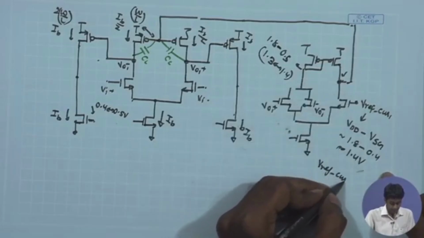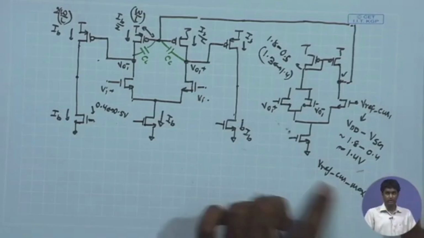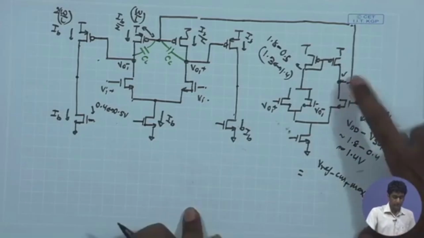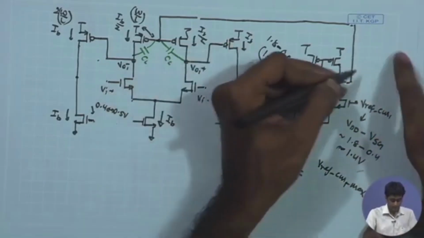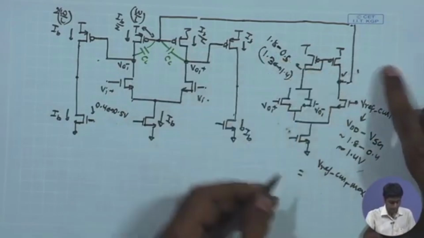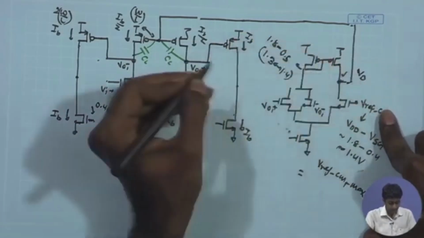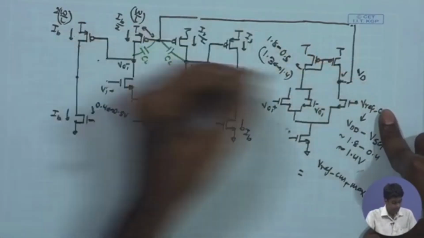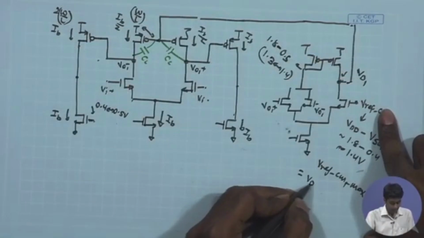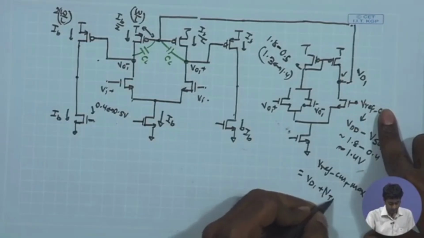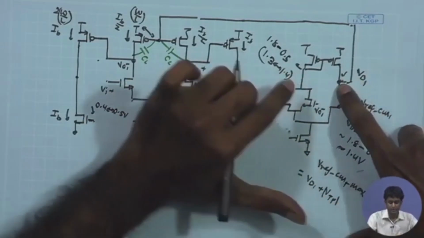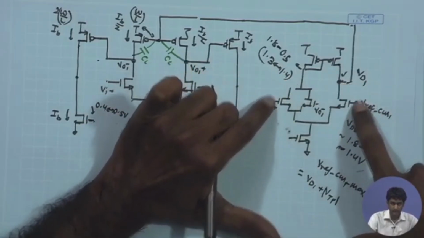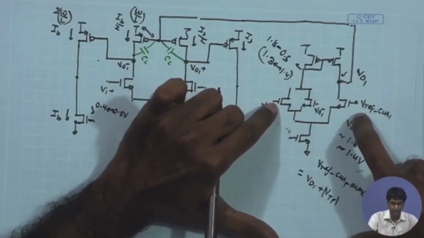So, the Vref Cm max, if I want to find out what is the maximum allowed value of Vref Cm that you can have, Vref Cm 1 max, that is going to be given by Vd1 plus mod Vtp, because assume that under DC condition you are having certain Vd1 over here, the maximum common mode level that you can have at the input is going to be equal to that Vd plus mod Vtp.